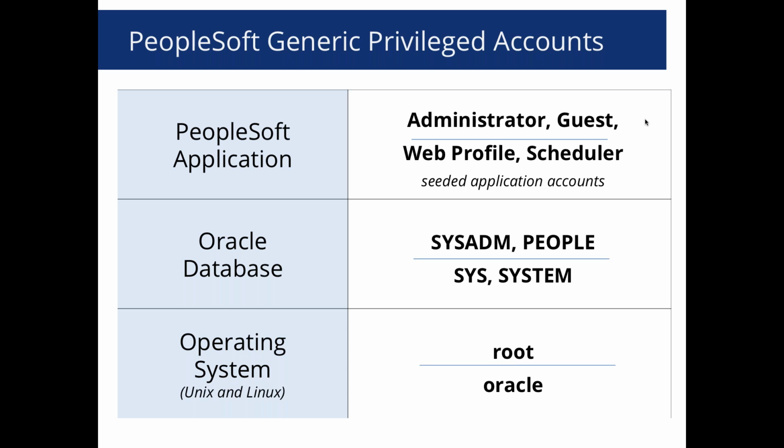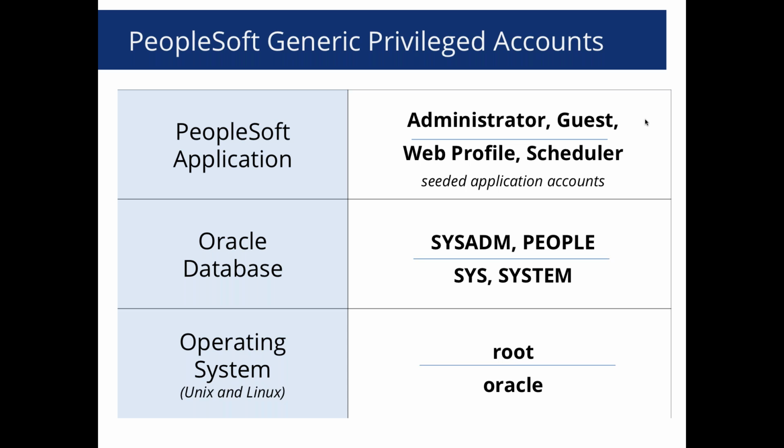The SYSADM is the schema in which all of the data, all the tables that PeopleSoft uses to define transactions and the configurations, are owned by SYSADM. So the SYSADM account has access to all PeopleSoft data.